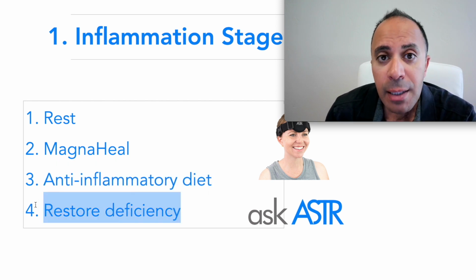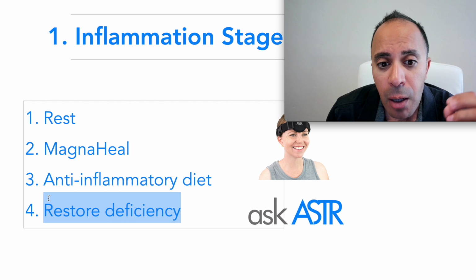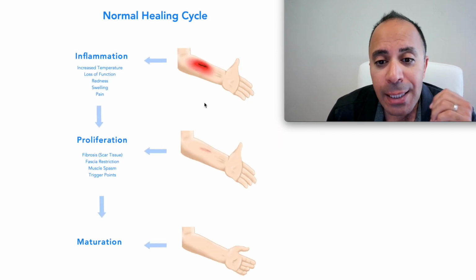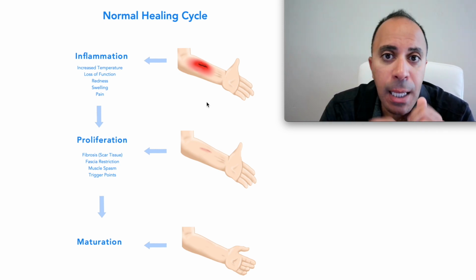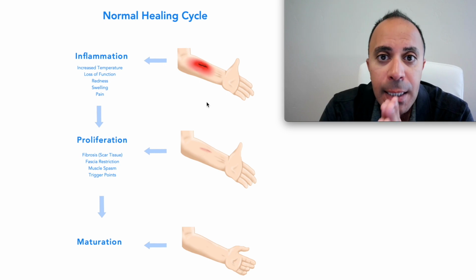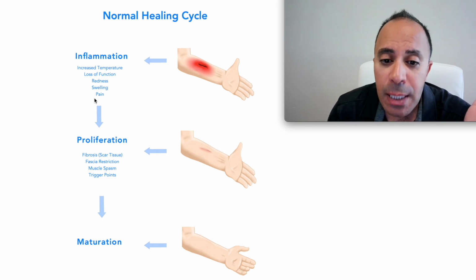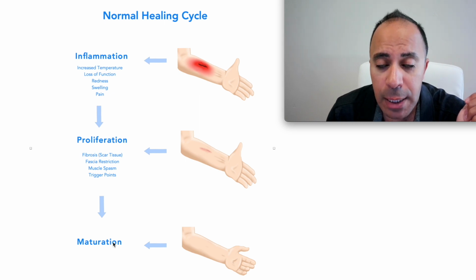The other thing that's extremely overlooked by a lot of healthcare providers is deficiency. Your body needs, for example, vitamin D3, magnesium, zinc, C, Bs, to transition from inflammation stage to proliferation stage to maturation stage.